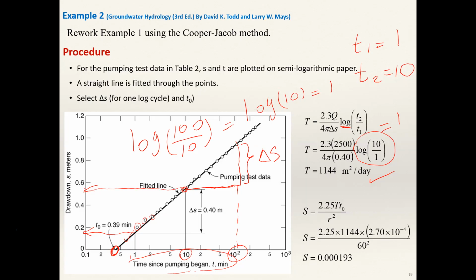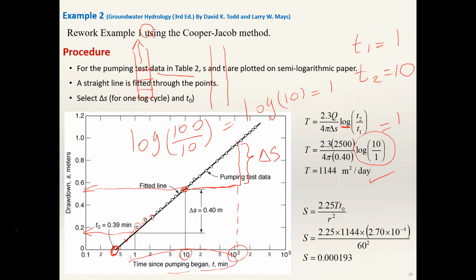From this point onward, the drawdown starts to happen. It means we have the pumping well somewhere here, and we have the observation well somewhere here. When you start pumping water out, you can see an immediate drawdown change in the pumping well.